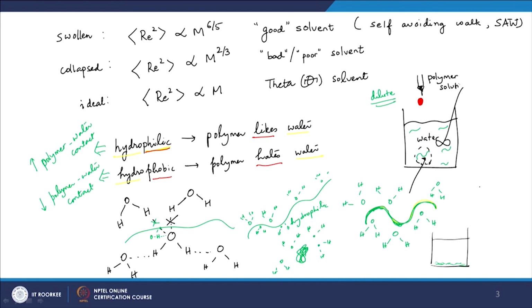This is for the hydrophobic case, this is what we know as precipitation, and in the hydrophilic case it is perfectly fine for the polymer chains to float around because they are loved by the water molecules.